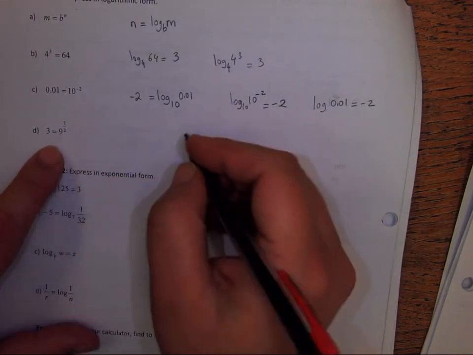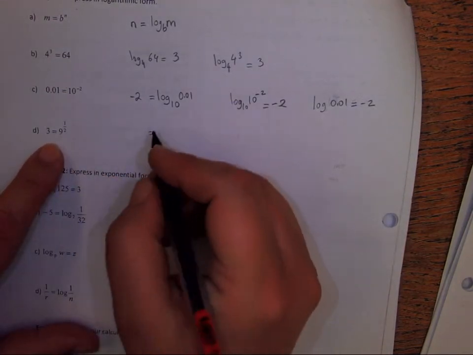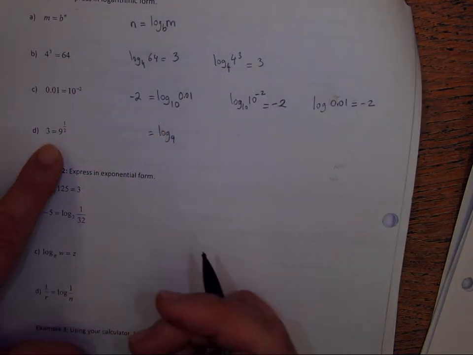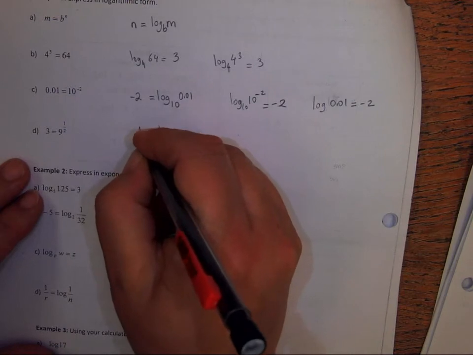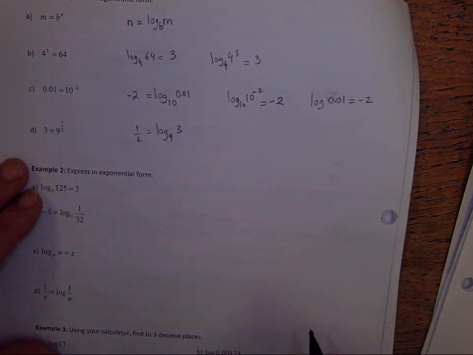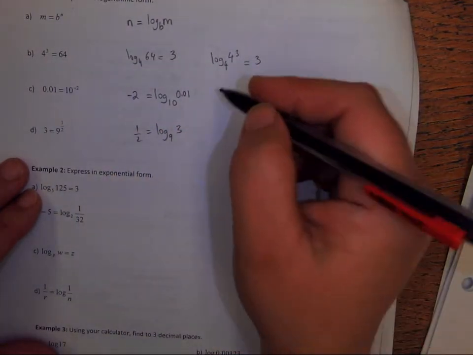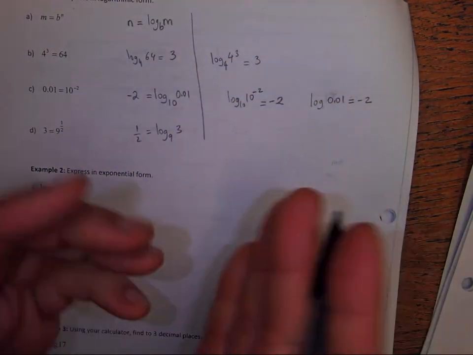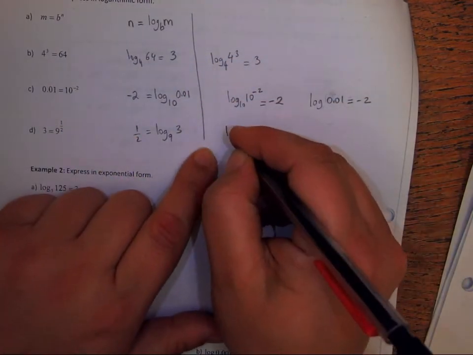We're gonna do the same thing here. The base of the exponent is 9, so we're gonna make it base of the logarithm, and other two switch sides, 1/2, and this one is 3. Okay, actually we already answered it here, but this is just extra work to show you how we evaluate the logarithms.